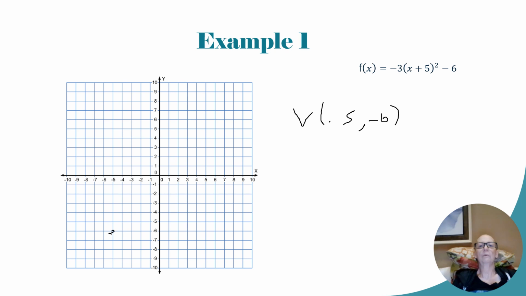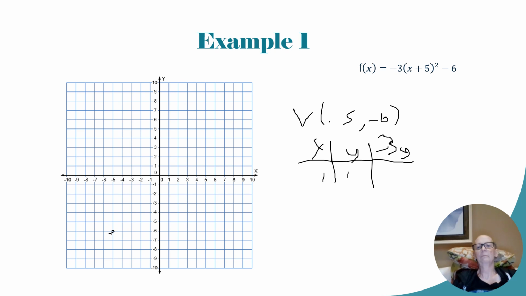And then we want to do our chart. So we have x, y, and then the a is -3, so it will be -3y. Normally 1 would be 1 because 1 squared is 1.